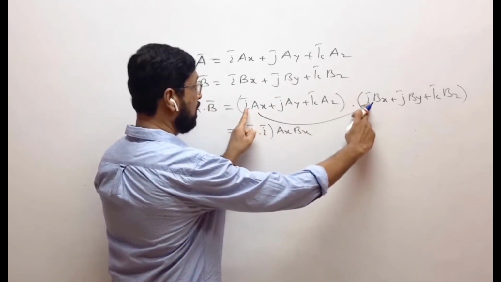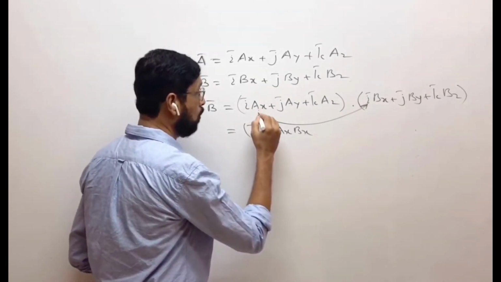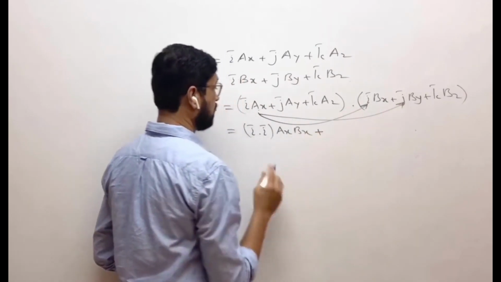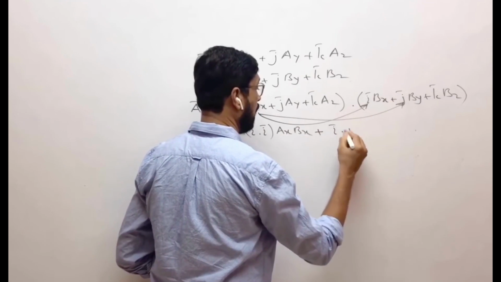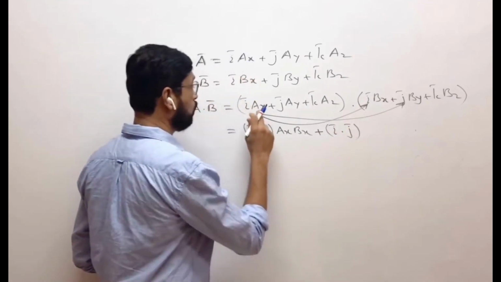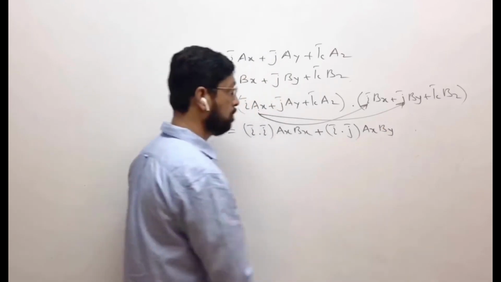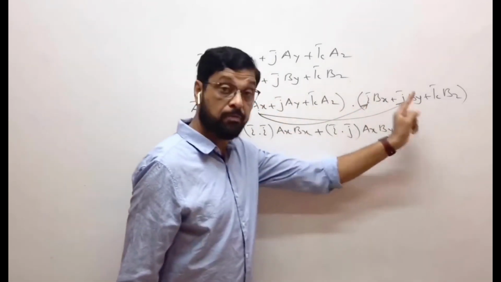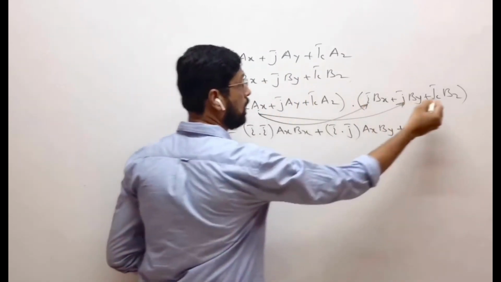I dot I into AxBx. फिर इसको इससे मल्टीप्लाई करेंगे, plus I dot J into AxBy. I dot J into AxBy plus, अब इसको इससे मल्टीप्लाई करेंगे.